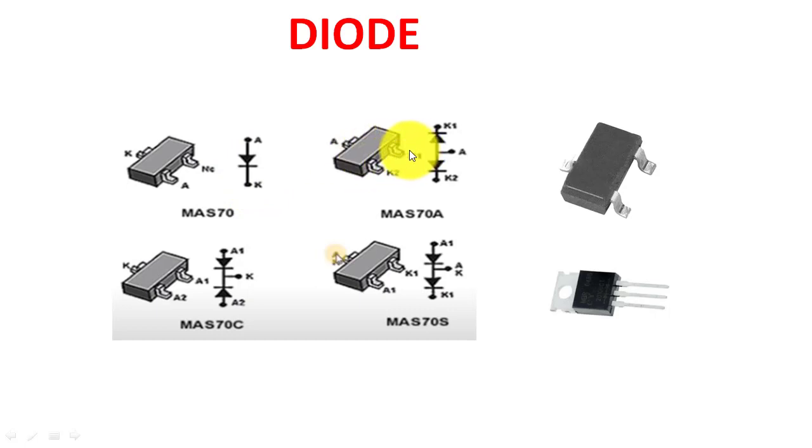And then another one we can see, where the upper leg is the anode, and two pins are cathode.